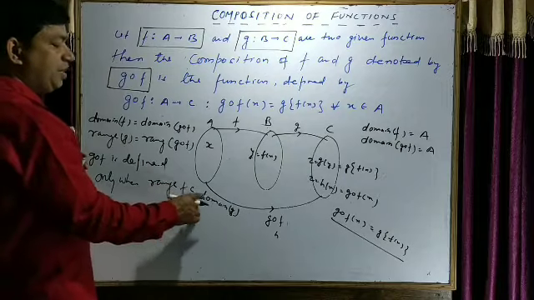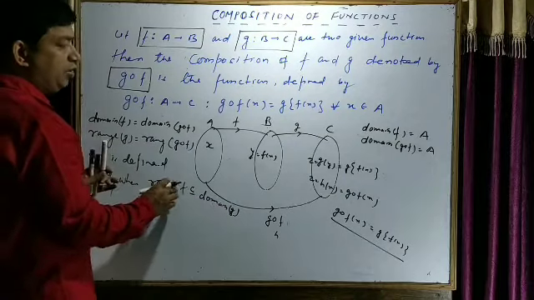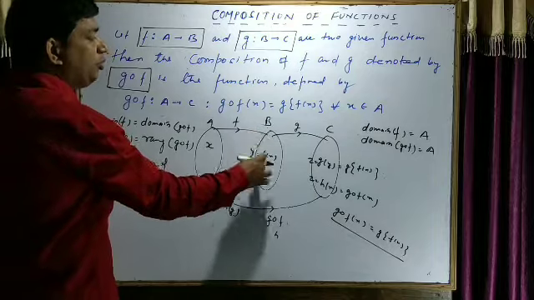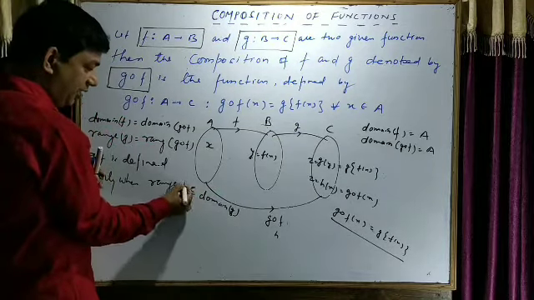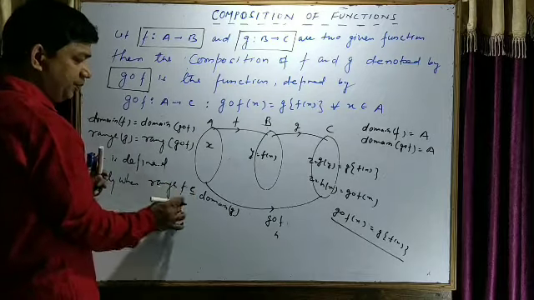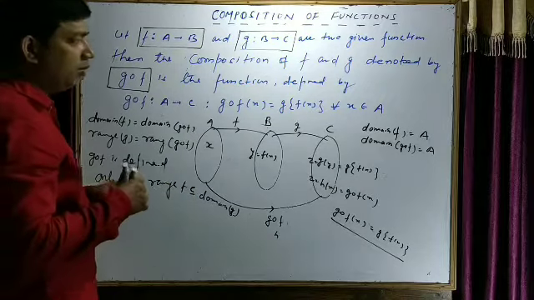So range of f is a subset of domain of g means what? This is the range of f. It should be within the domain of g. So if it is so, then only g o f is defined. Clear?